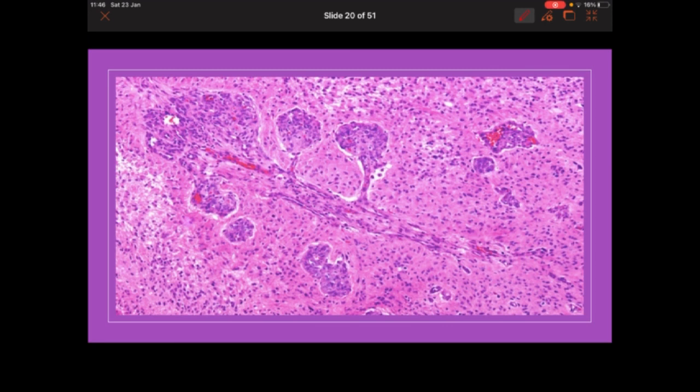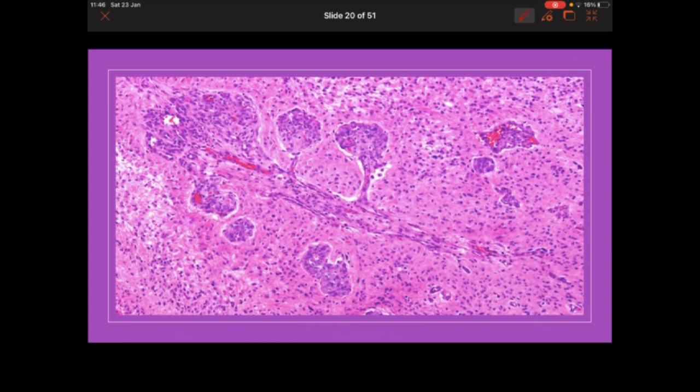And to diagnose glioblastoma, we need to find the presence of either microvascular endothelial proliferation or necrosis. Presence of any of these two will lead to the diagnosis of glioblastoma.